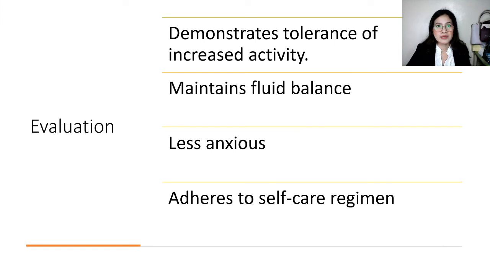As part of the outcomes, we look forward that the patient demonstrates tolerance of increased activity, maintains fluid balance, is less anxious about the condition, and adheres to the self-care regimen.